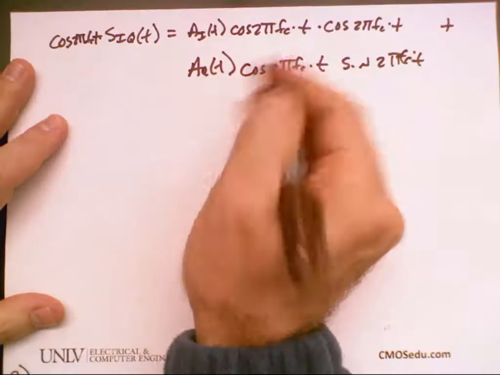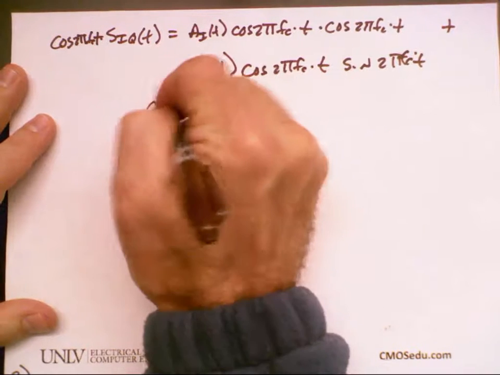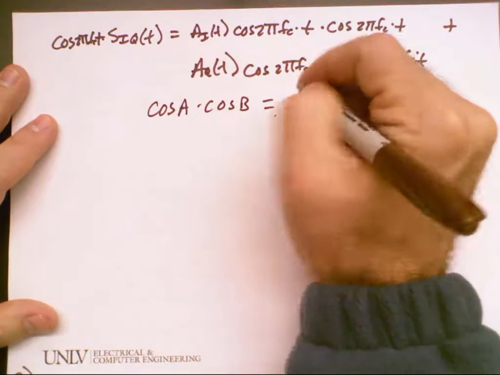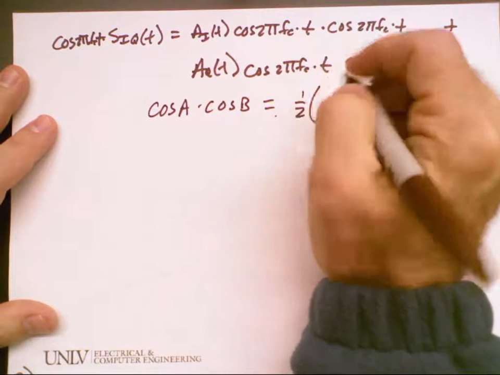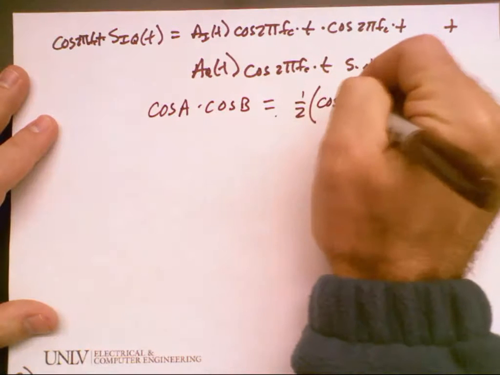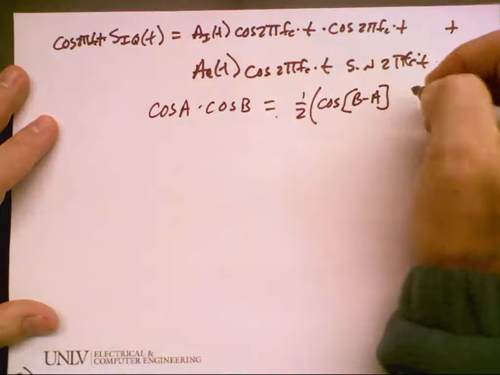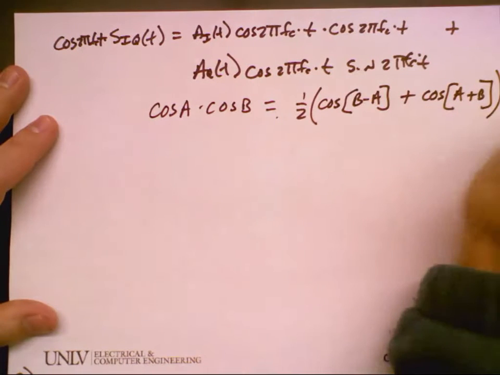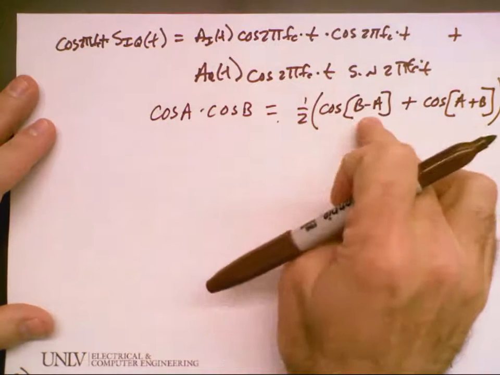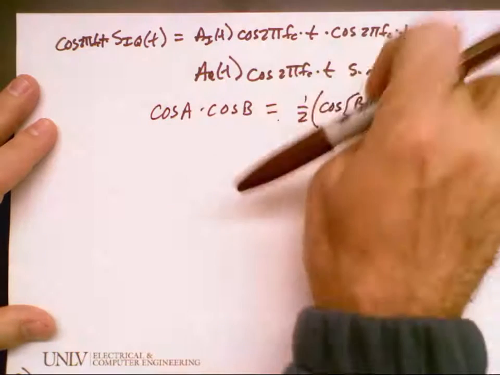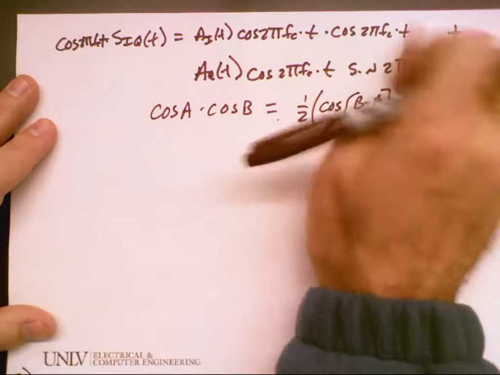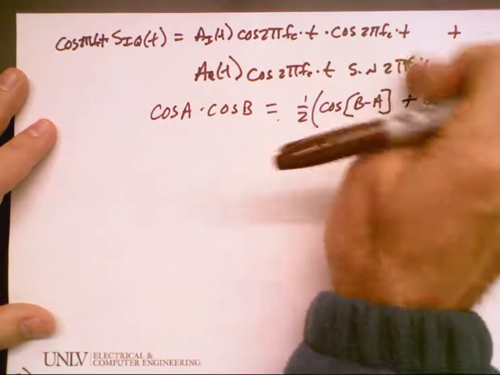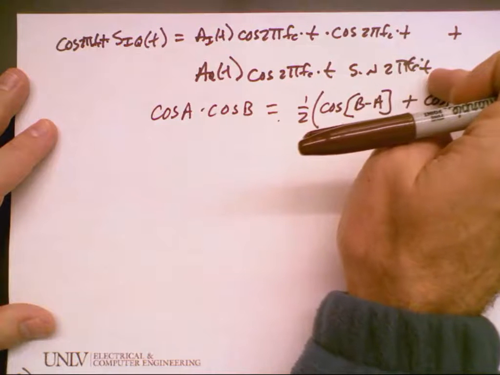So I'm going to use the following identities. Cosine of A times cosine of B is equal to 1/2 times cosine of B minus A plus cosine of A plus B. Keep that in mind when we think about the phase shift of the cosine being different than these two. Do these two have the same phase shift? They're obviously 90 degrees out of phase, but if I were to add a 30-degree phase shift to one, I would definitely have to add it to the other, right?